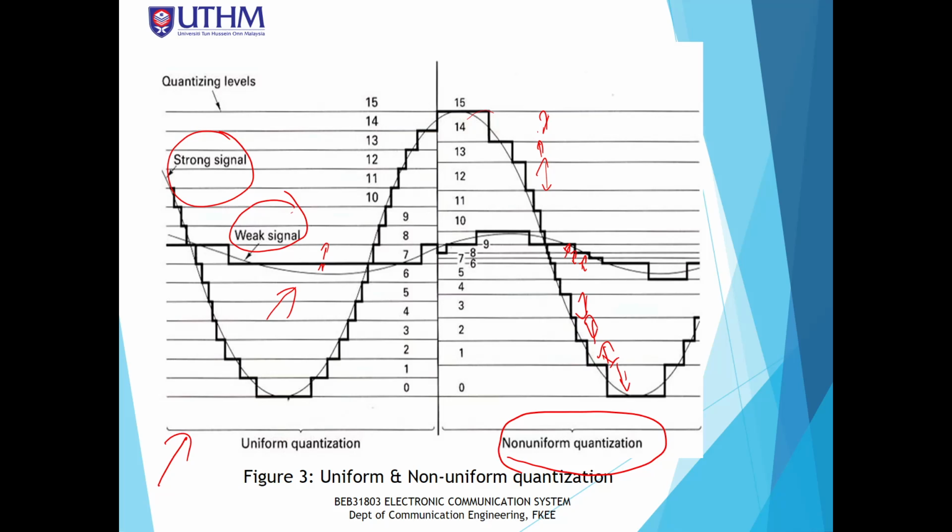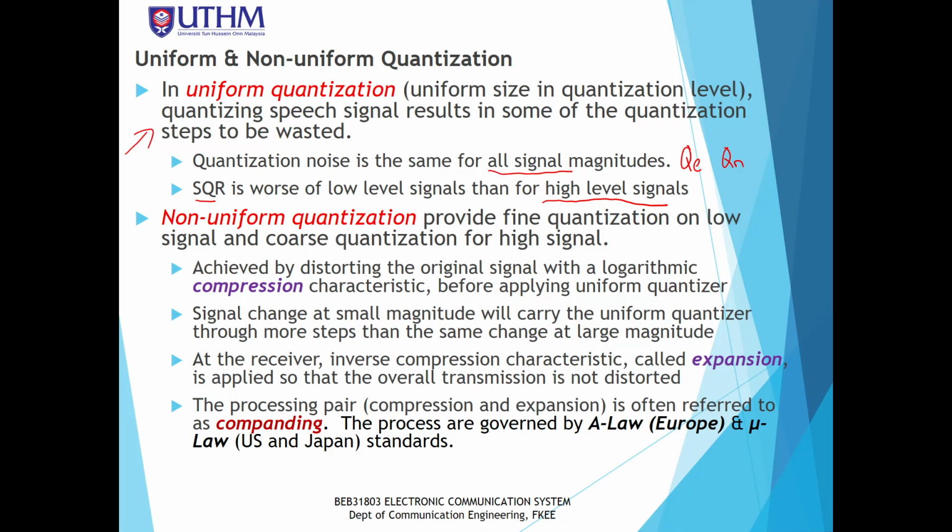Okay. So how to do the non-uniform quantization? Macam mana nak melakukan proses non-uniform quantization? Okay. So you see from here, we can achieve the non-uniform quantization by distorting the original signal with a logarithmic compression characteristic before applying to the uniform quantization.